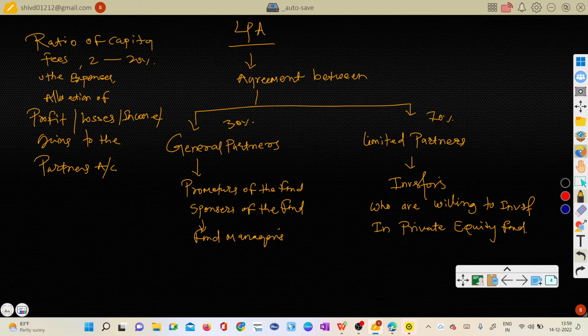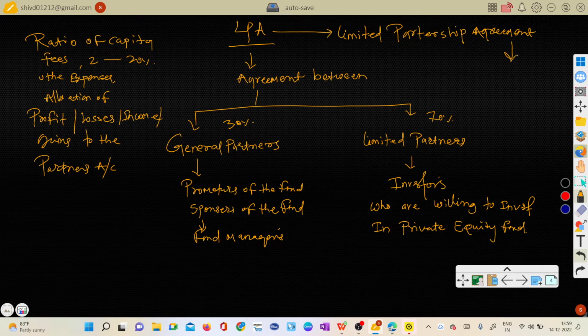That also will be defined in your LPA, meaning limited partnership agreement.